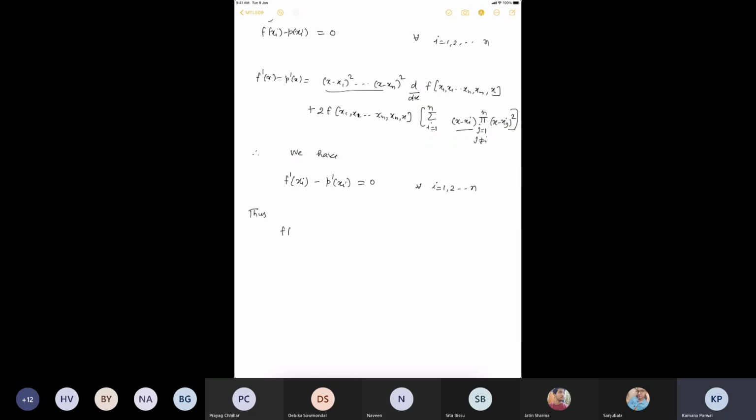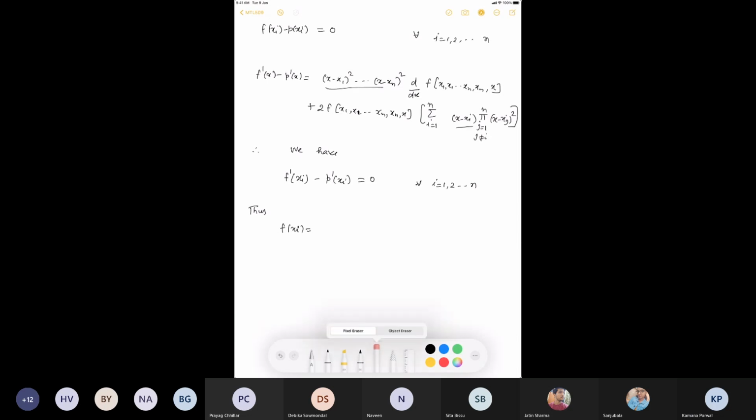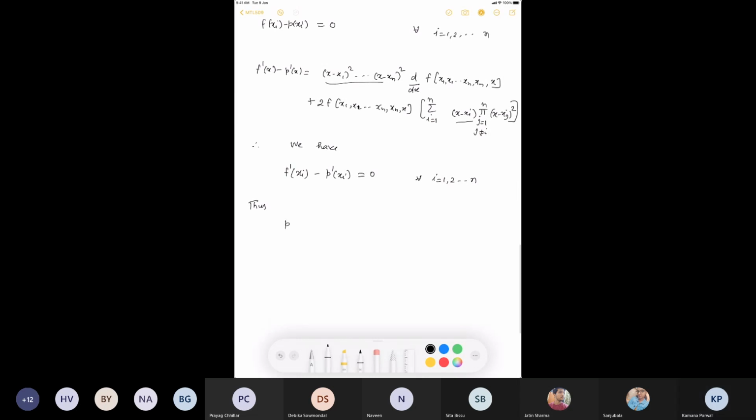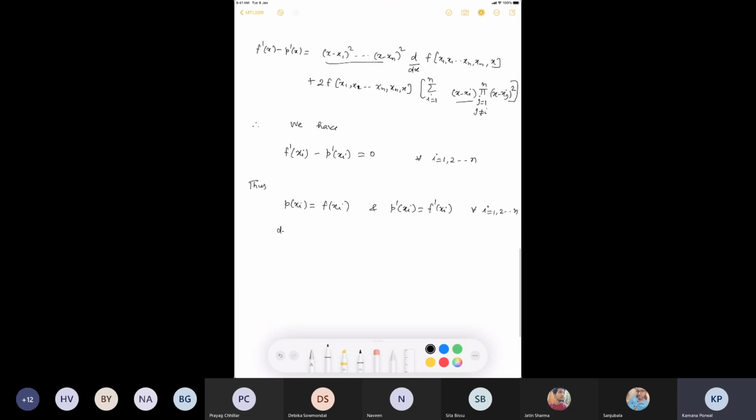So we have got that p evaluated at xi is the same as f of xi, and p prime evaluated at xi is the same as f prime of xi for all i ranging from 1 to n, and the degree of p is less than or equal to 2n minus 1.